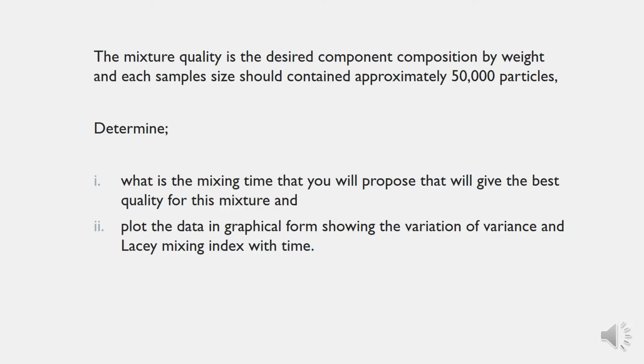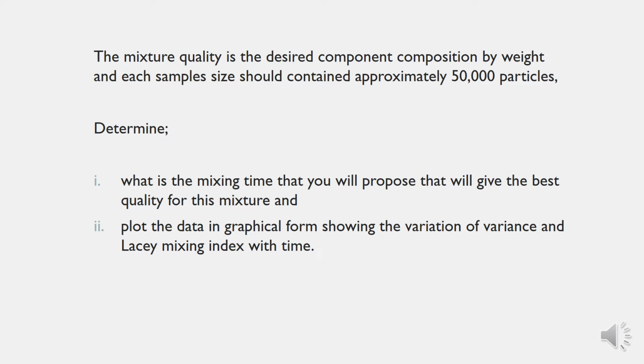The question is saying that the quality is measured based on the desired component, which is the weight fraction, and each sample that we collected and tested is based on 50,000 particles. So 50,000 particles here is what we mentioned in the lecture as the scale of scrutiny.